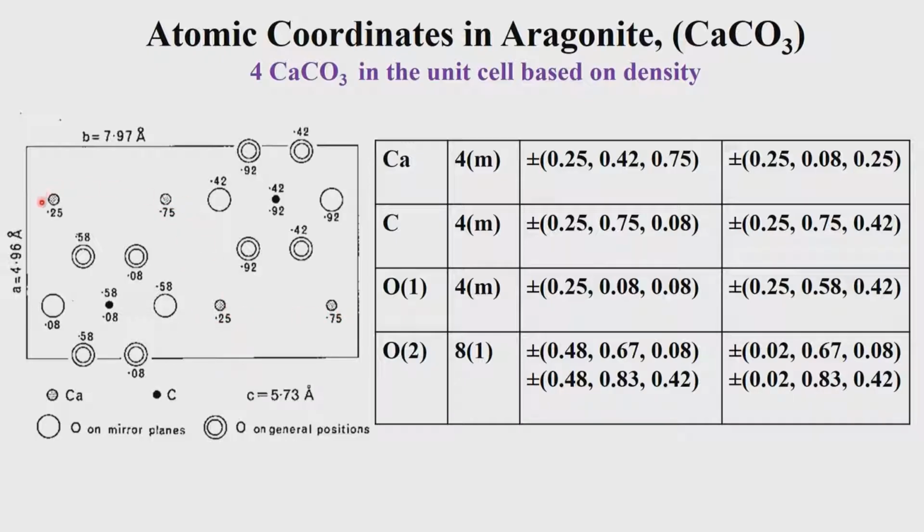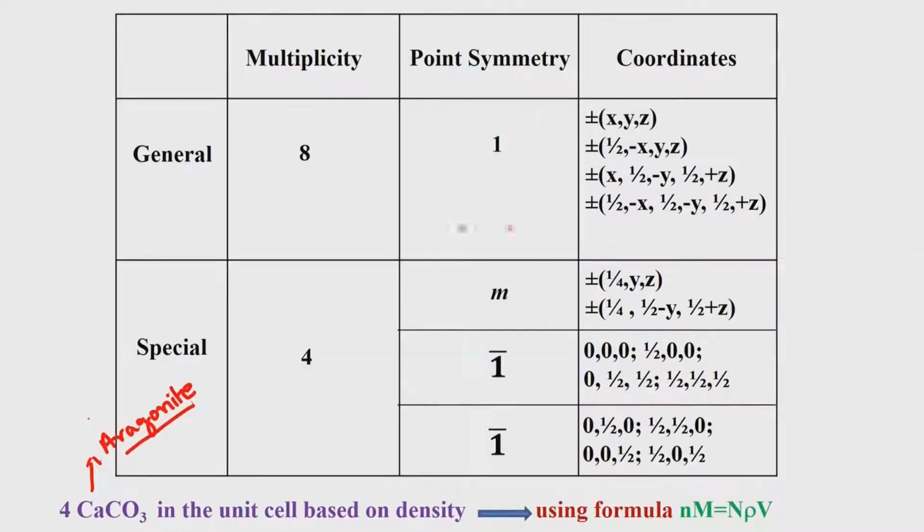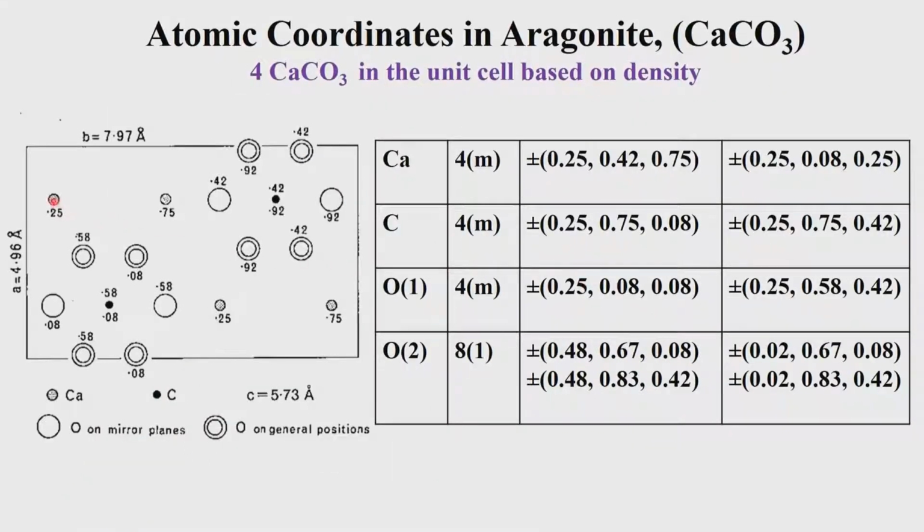The additional calcium positions will appear automatically in the space group PMCN at these 2 positions. So, we have therefore 1, 2, 3 and 4. Let us go back and check the mirror symmetry. This comes at plus minus 1/4, y, z, and we see plus minus 1/4, half minus y, and half plus z. Notice that this is half minus y, half plus z at 1/4 again. So, the positions of calcium are at 0.25, 0.75, 0.25, 0.75.